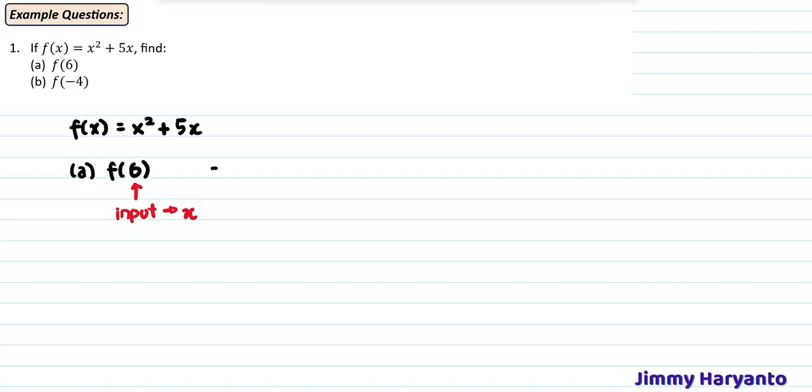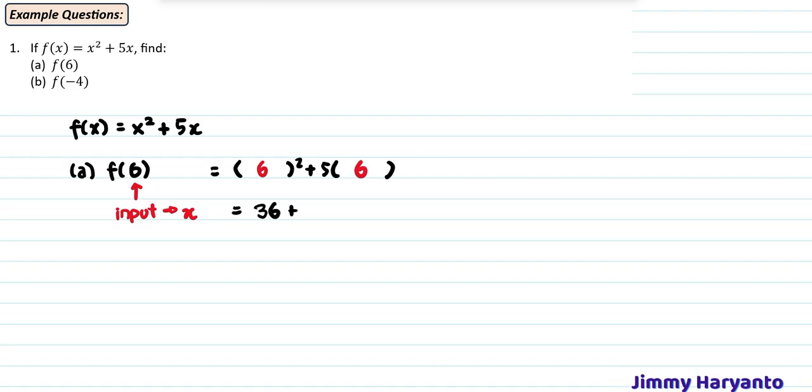That means to calculate this, you only have to replace the x with 6, just like this: 6 squared and then plus 5 times 6. So you'll have 36 plus 30, and the final result is 66. So you can conclude that f6 equals 66.